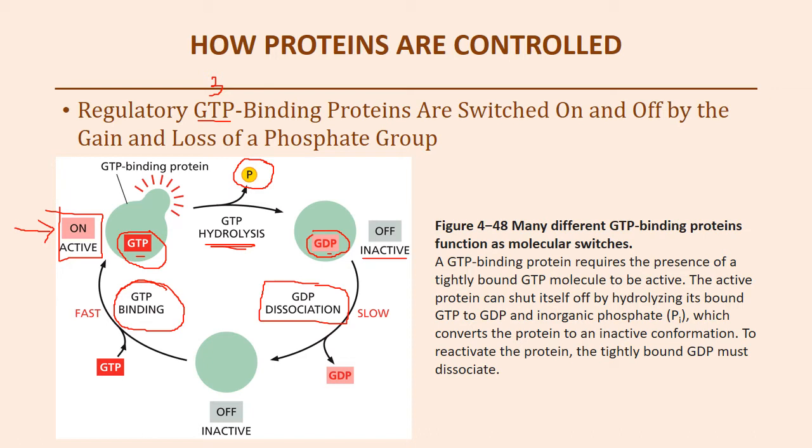As you can see, you just have to remove the inactive and bind back the GTP molecule to turn it on. And oftentimes, because the GTP is turning it on and the GDP is turning it off, we can describe this relationship as acting as a molecular switch. Here you go. So the matching of a molecular switch, because one version is clearly on and the other version is clearly off.